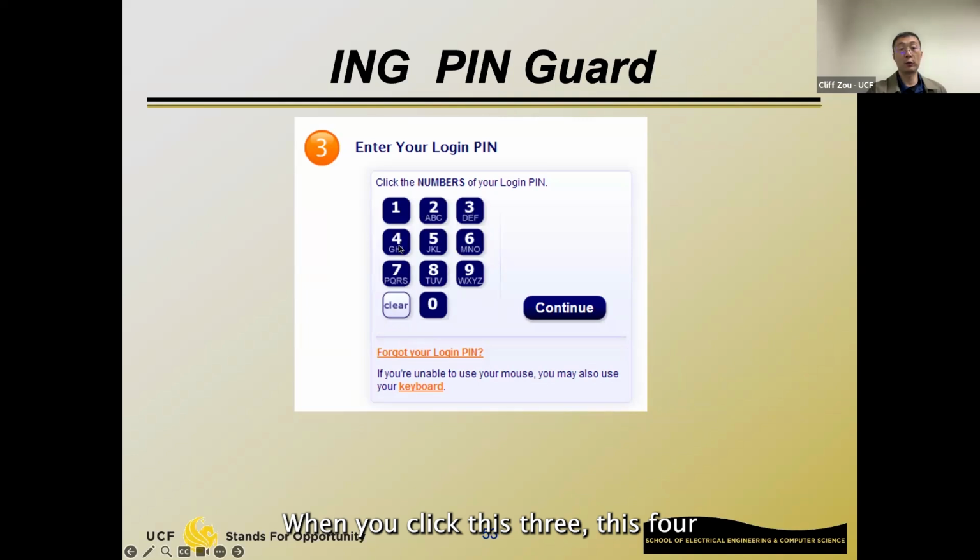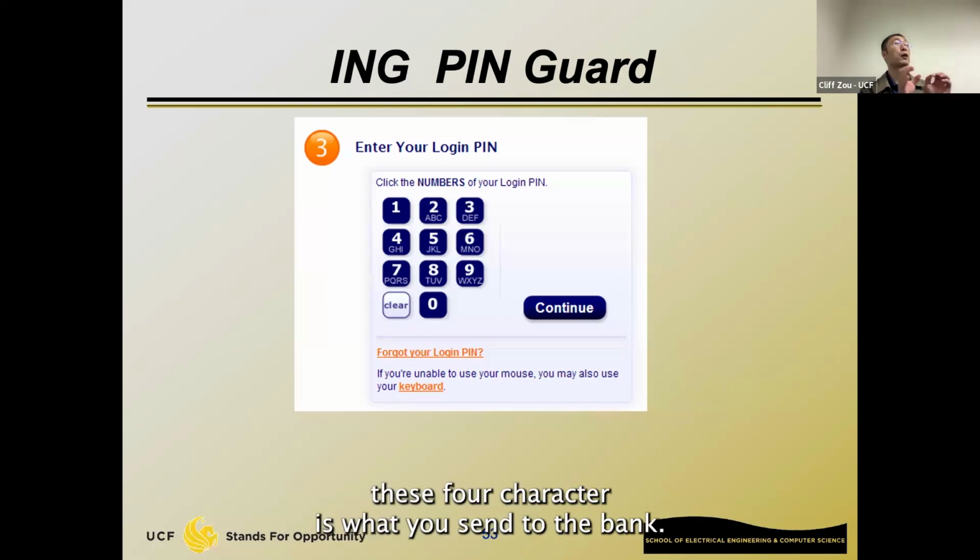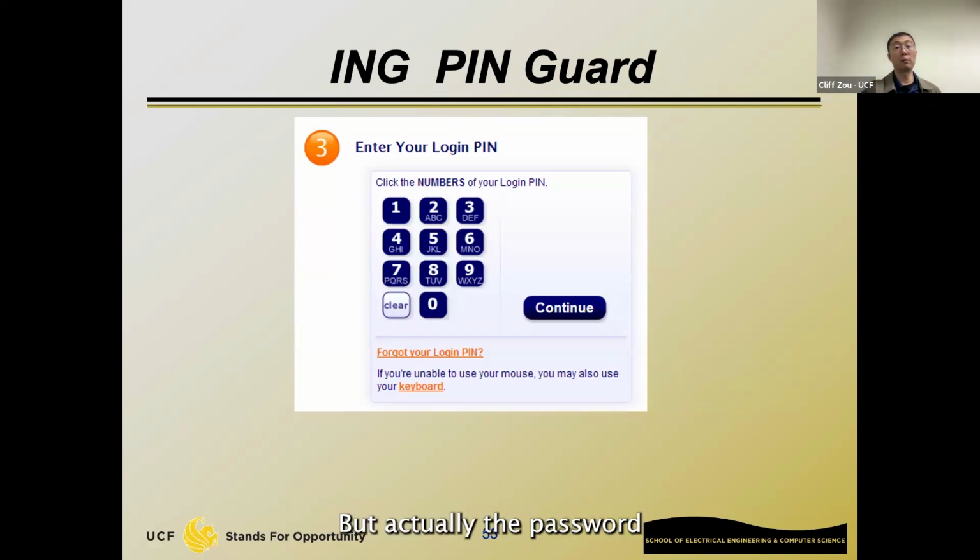When you click these four buttons, the actual password you send to the bank is actually a space, B, F, G, those four characters. So a keylogger will only know that these four characters are what you sent to the bank, but actually the password you indicated is 1234.